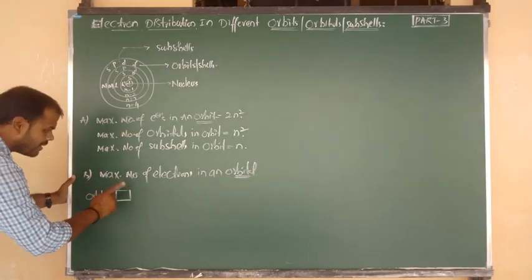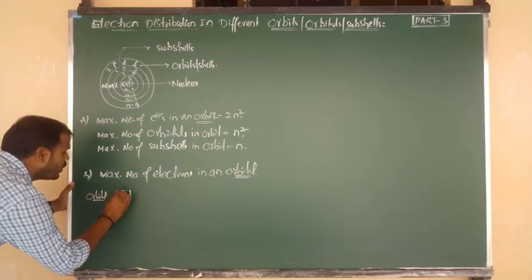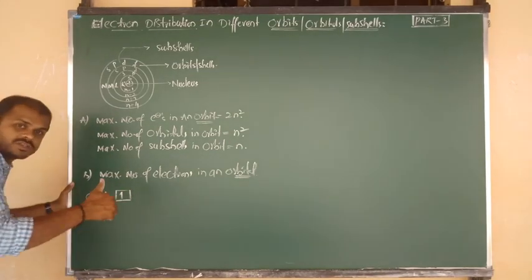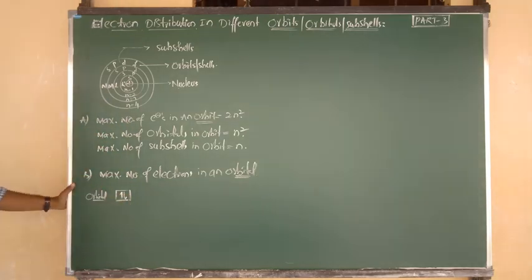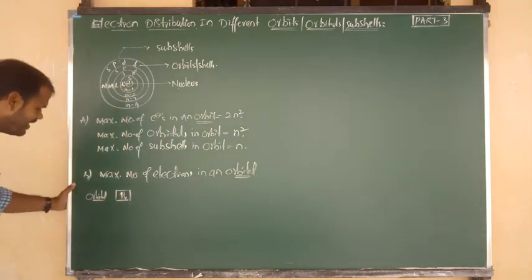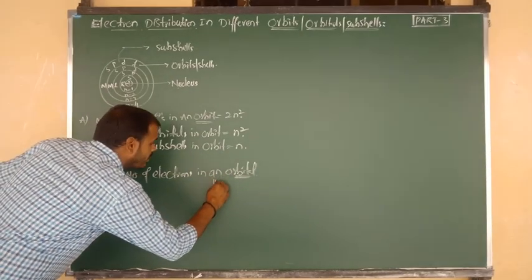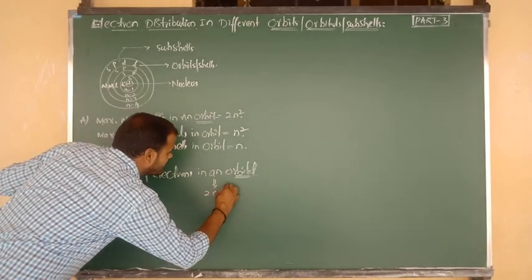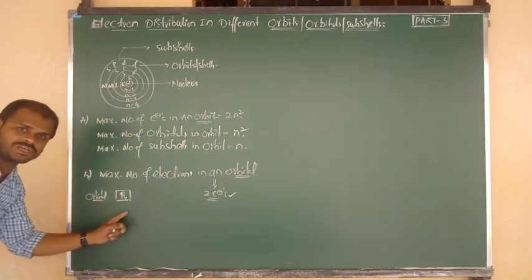So one orbital always contains only 2 electrons. One has spin up value and the other has spin down value. Only 2 electrons will be there in a particular orbital.